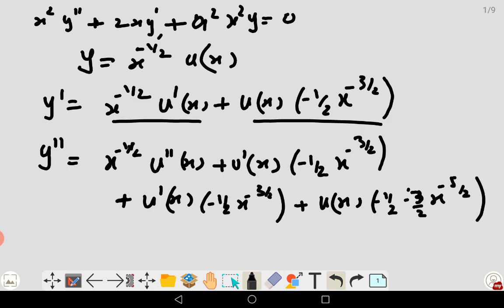So this will be negative 3 over 4. This constant can be written as 3 over 4. That's it.